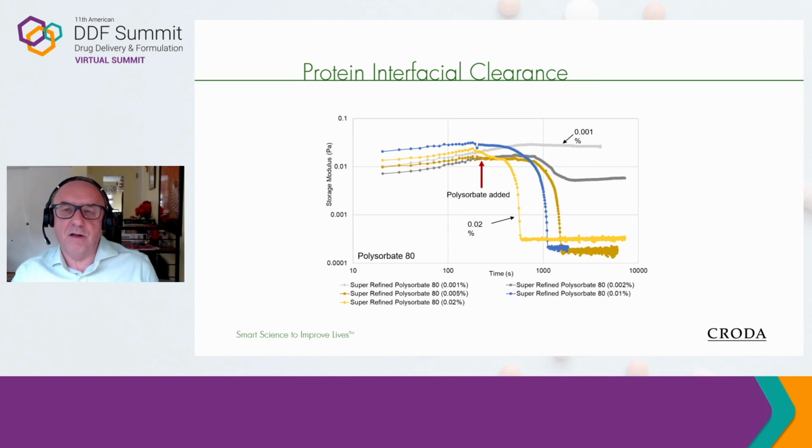Polysorbate 80 is slightly slower at clearing the interface than polysorbate 20, but once cleared, it retains its clearance for the whole 2 hours under study. And again, there may be some differences in the effectiveness of different concentrations, but nonetheless, it is a very effective material for stopping protein aggregation at the surface.